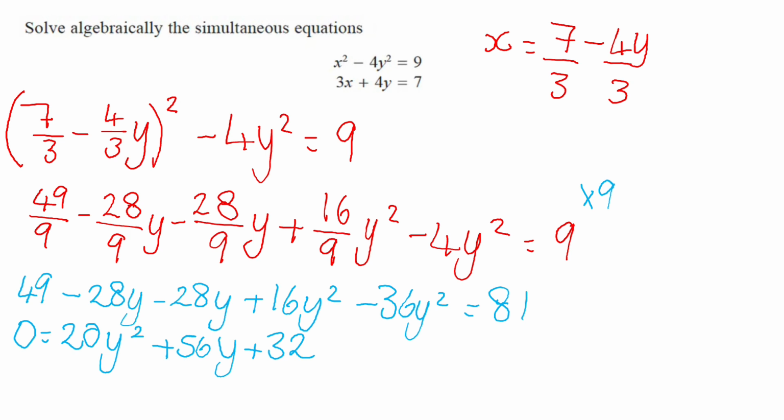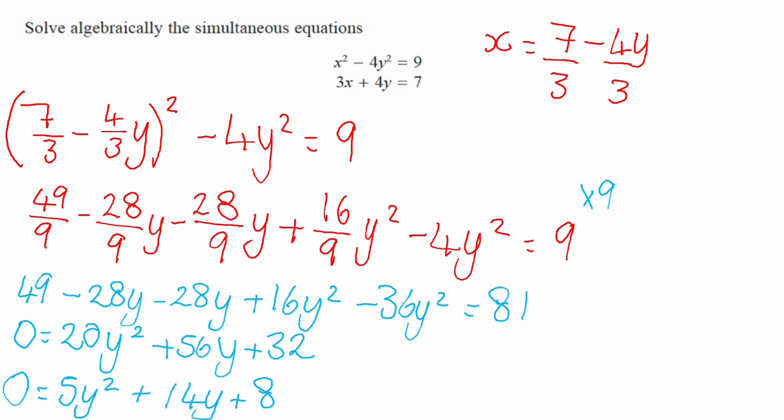Now, you have got options here because it's a calculator paper. You can factorise or you can use the formula. Whichever one you would like to do is absolutely fine as long as you're showing your working. Now, if I divide them all by 4, it's just a bit nicer to factorise if I'm going to go with the factorising method.